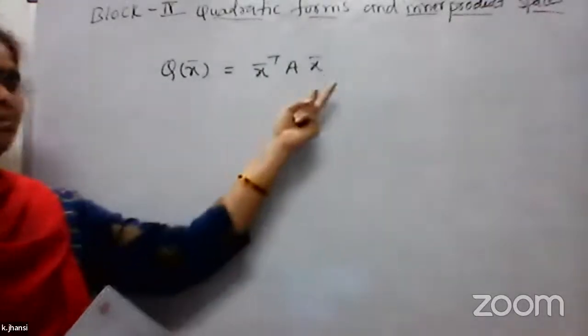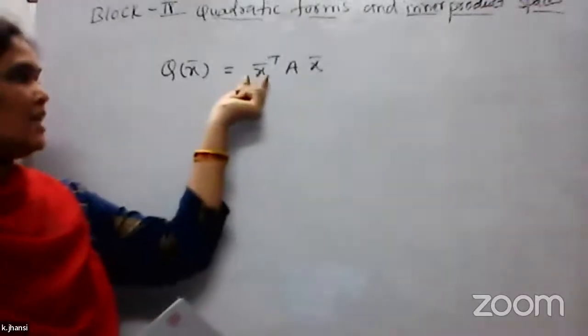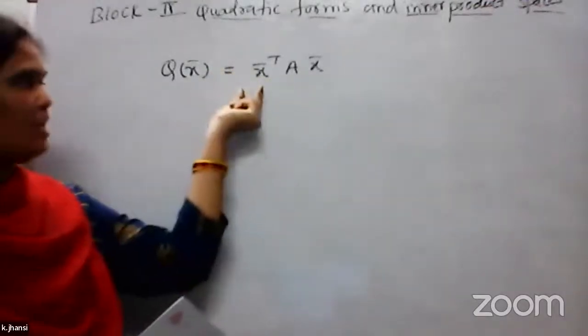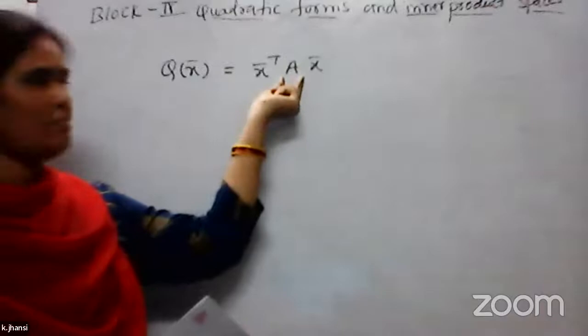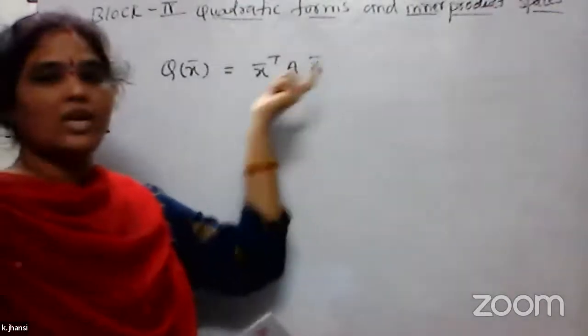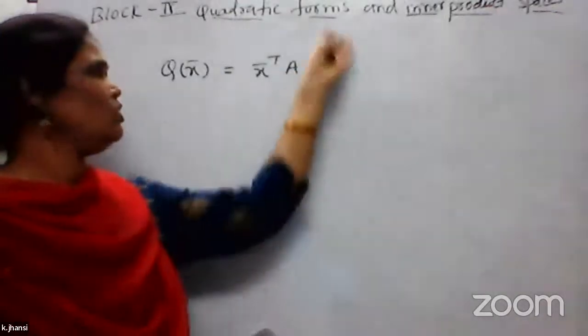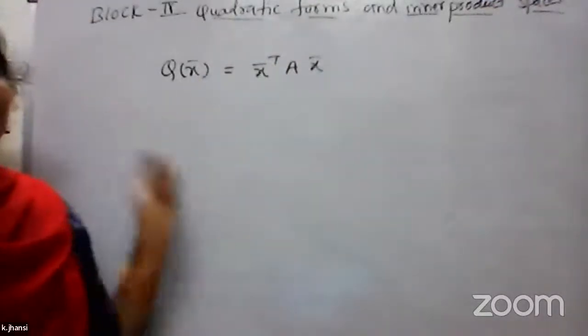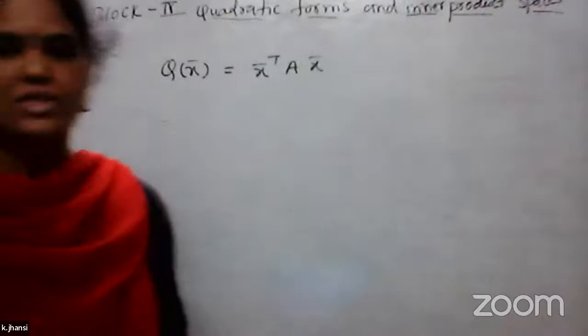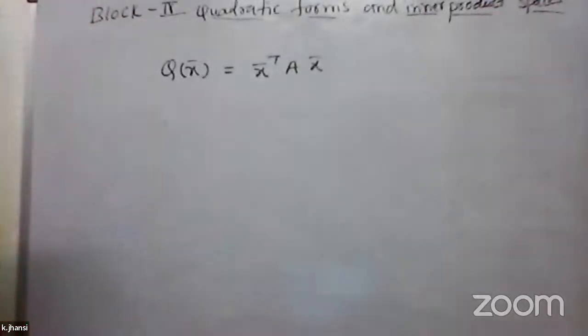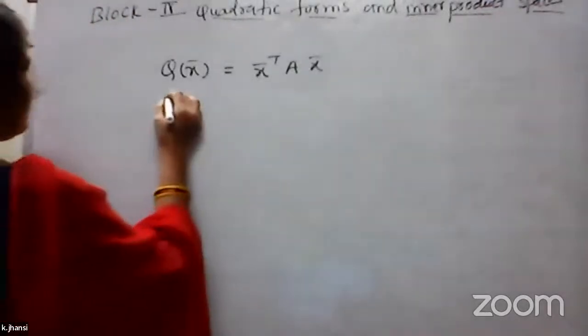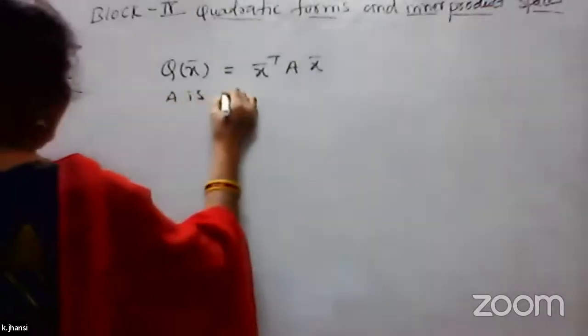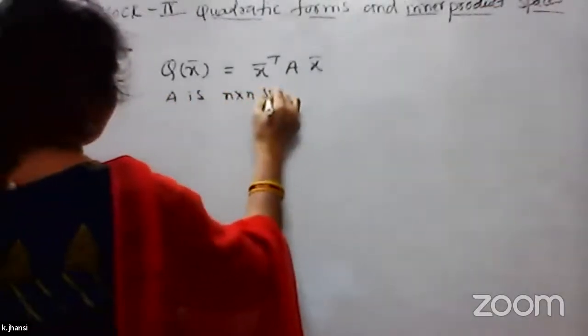If it is a 3 by 3 matrix you will get 3 variables. So the transpose of the variable X into the given matrix into the given X variable, if you do the multiplication of these three, whatever resultant you are getting, that is called Q of X. That is the quadratic form. Okay. So here A is an n by n symmetric matrix. Okay.